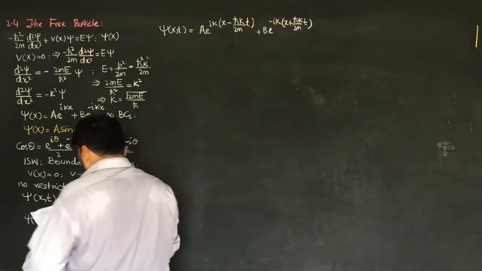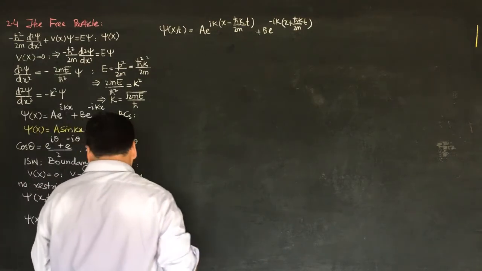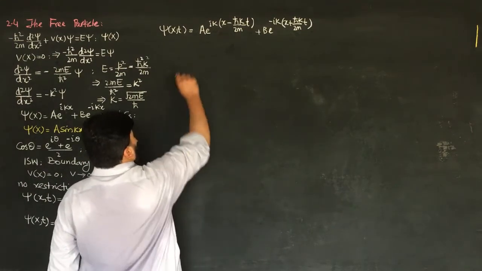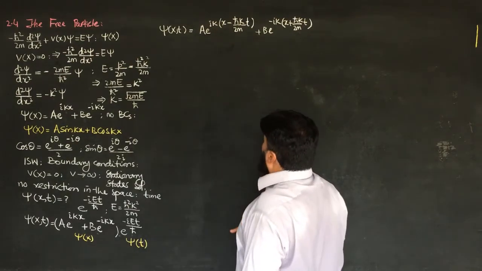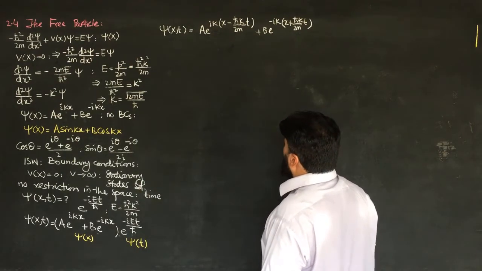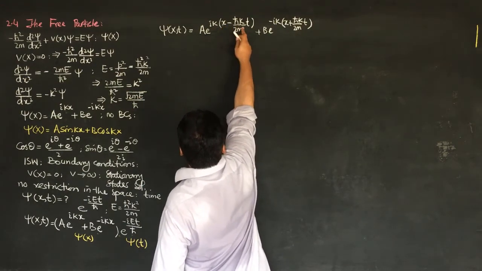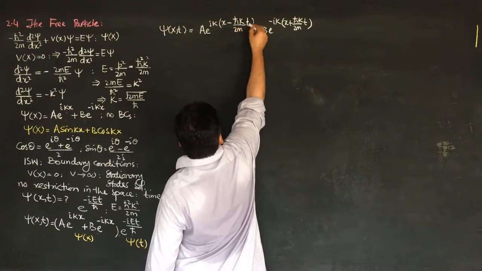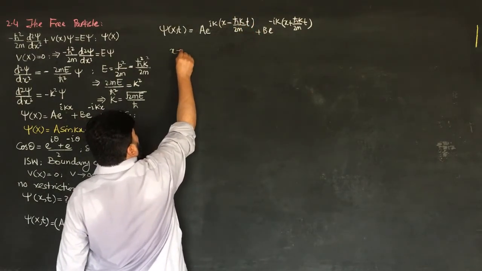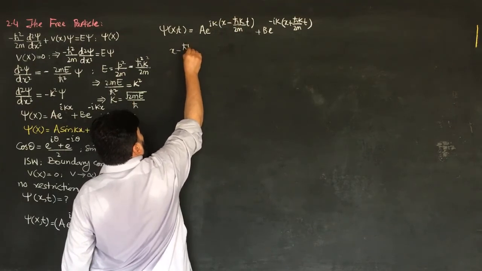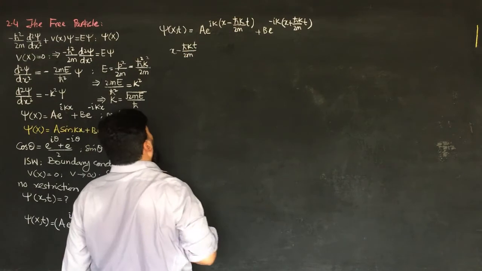So we are having our wave function like this. We know that the exponential should be dimensionless. So if this is x minus this, it means this is also x. So this is x minus h bar k t over 2m.